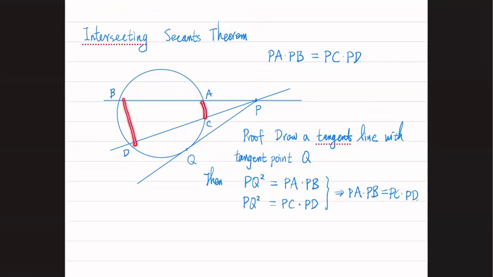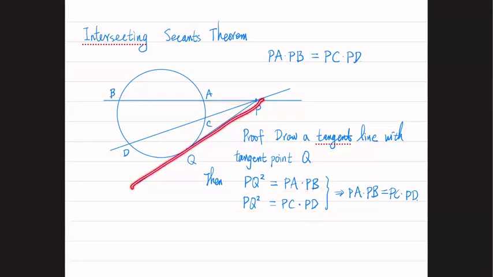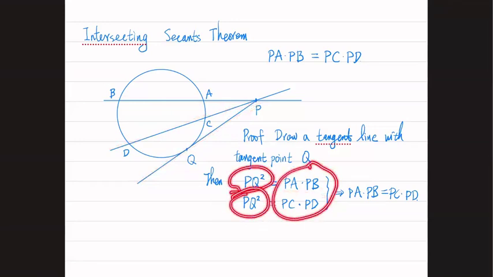I skip it, but you should be able to fill in the details. But the indirect proof applies the tangent-secant theorem twice. First time PQ and P, this one, tangent-secant. Second time, tangent-secant. So the products are equal to the same square, so they must be the same.